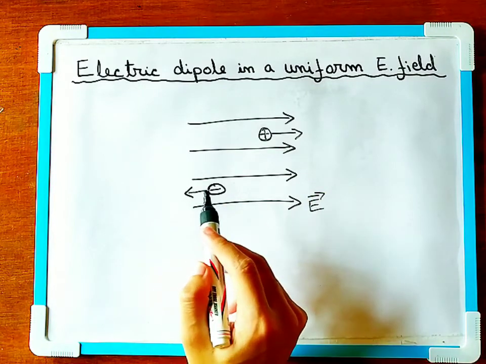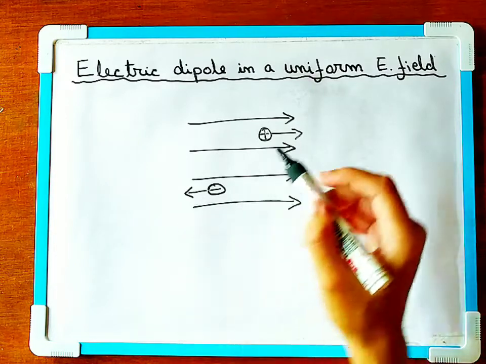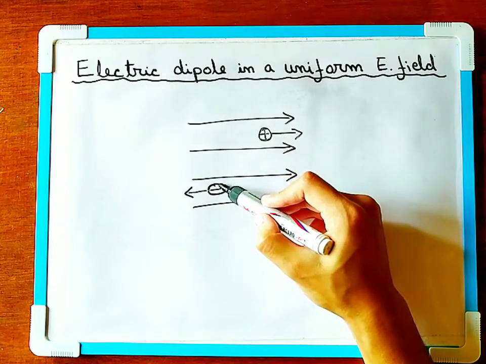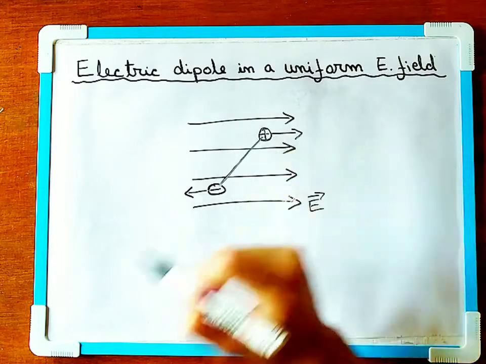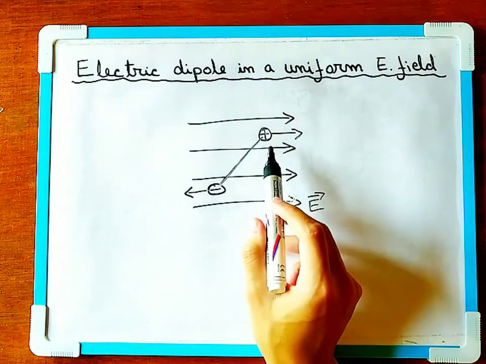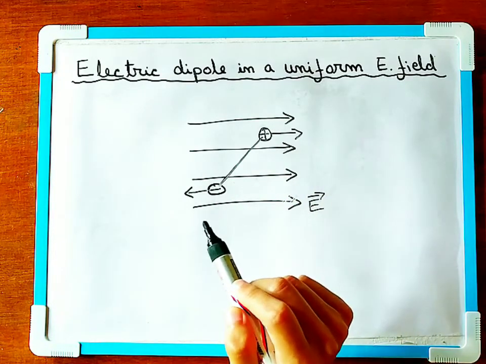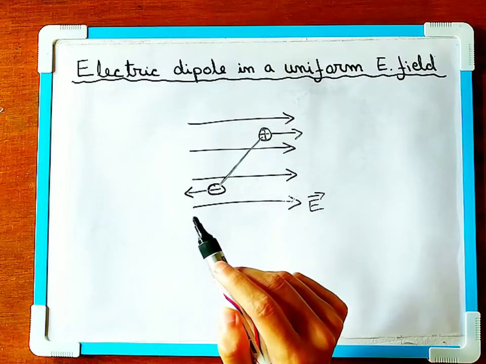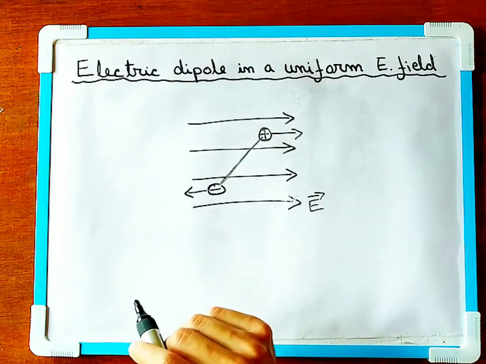Now if these two charges are equal in magnitude and they are separated by a finite distance, then this will constitute an electric dipole. An electric dipole is a system of two equal and opposite point charges separated by a finite distance.